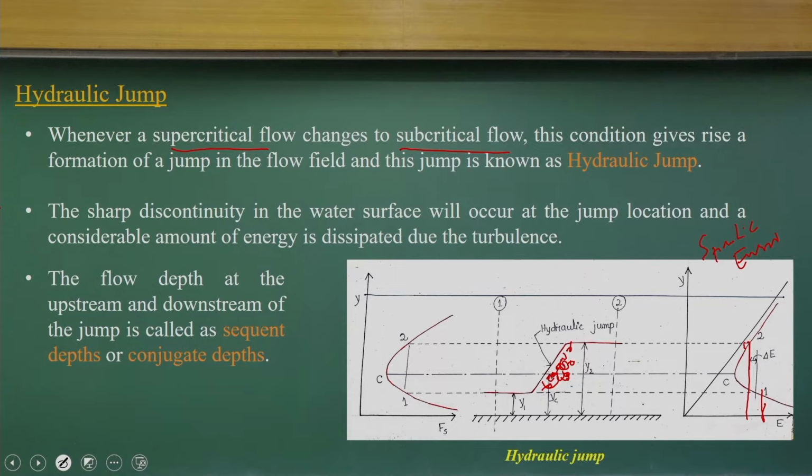All of these dissipate energy in the formation of the hydraulic jump from supercritical to subcritical flow. We call these the sequent depths or conjugate depths. That's the theoretical point.